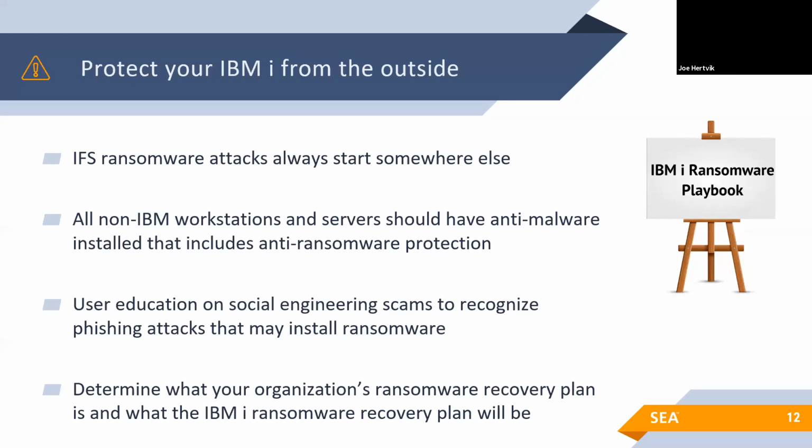Because if the ransomware attack is in progress, it may be too late. You might want to think about what you're going to do before your machine gets attacked with ransomware.